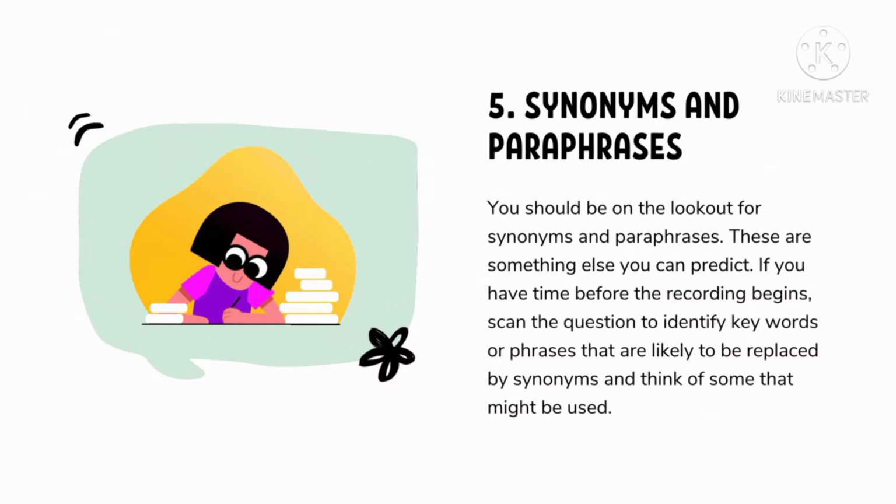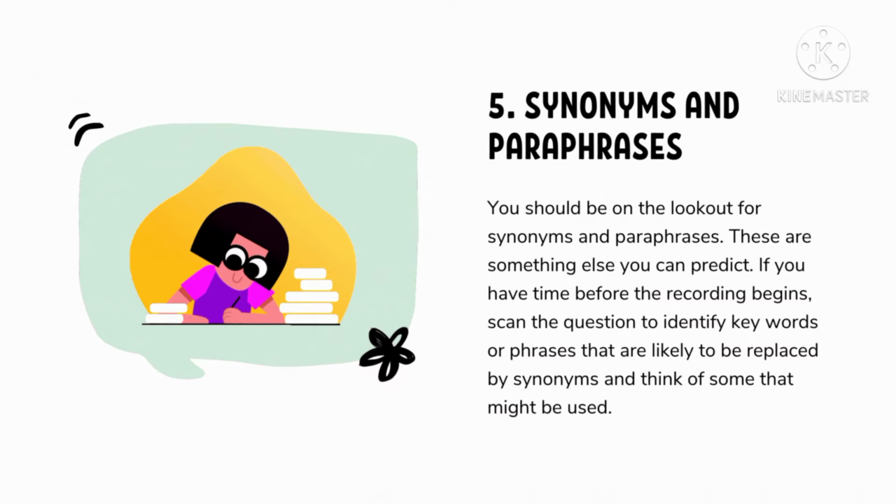5. Synonyms and paraphrases. In all types of listening comprehension questions, you should be on the lookout for synonyms and paraphrases. These are something else you can predict. If you have time before the recording begins, scan the question to identify keywords or phrases that are likely to be replaced by synonyms, and think of some that might be used.